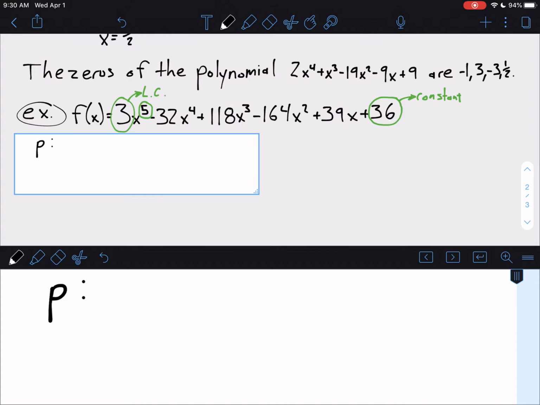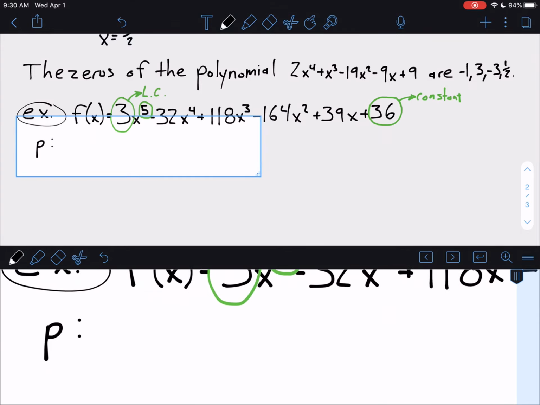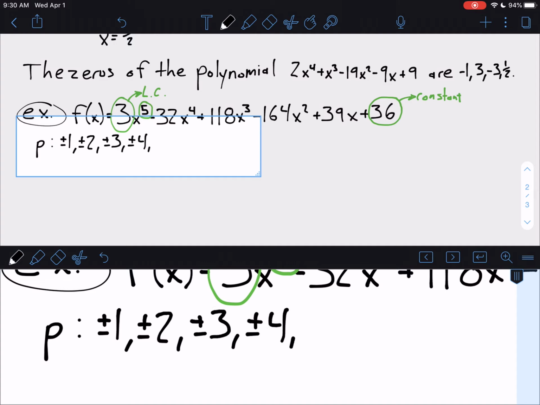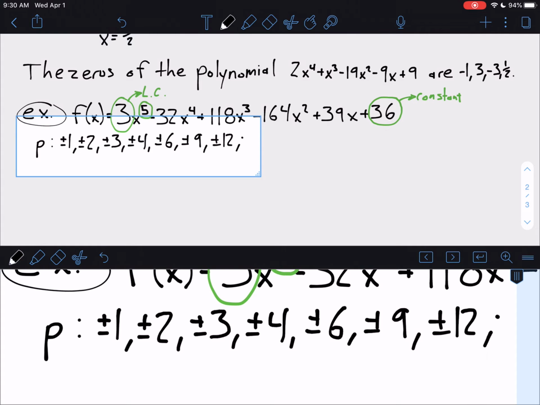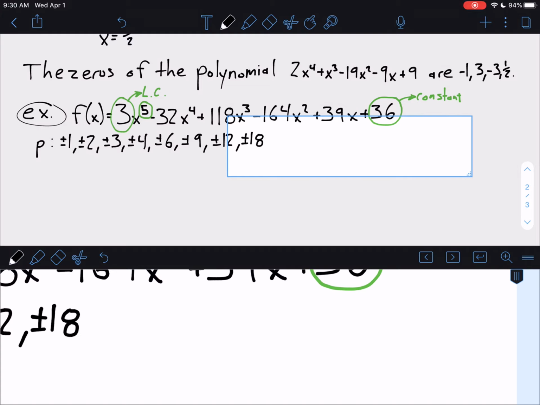So first thing I want to do is list my p-values. My p-values, those are going to be the factors of the constant, the factors of 36. So I got positive negative 1, positive negative 2, positive negative 3, positive negative 4, positive negative 6, positive negative 9, positive negative 12, positive negative 18, and positive or negative 36.